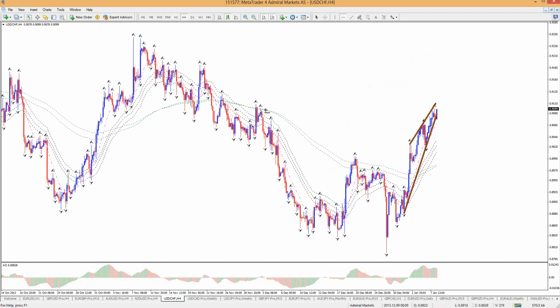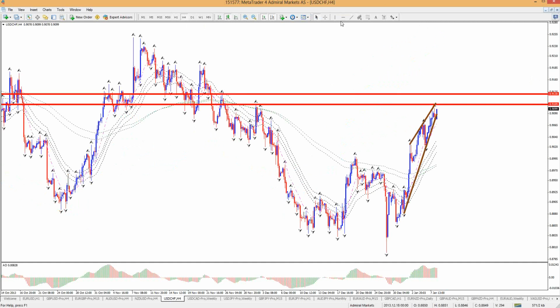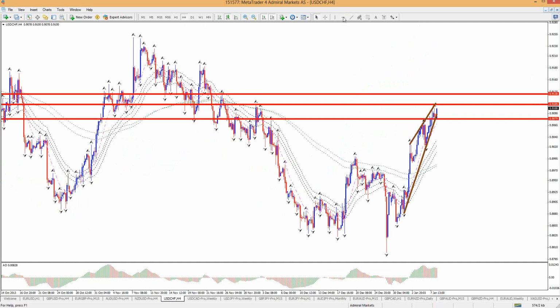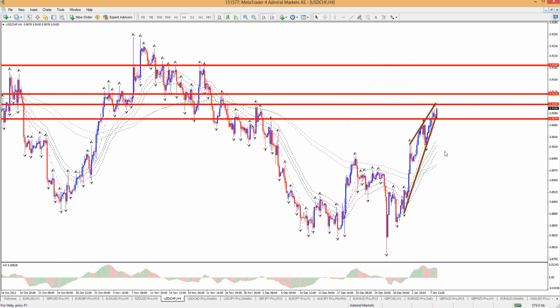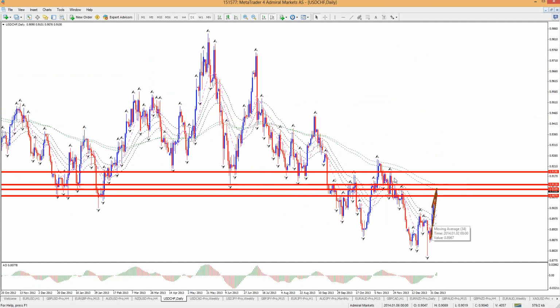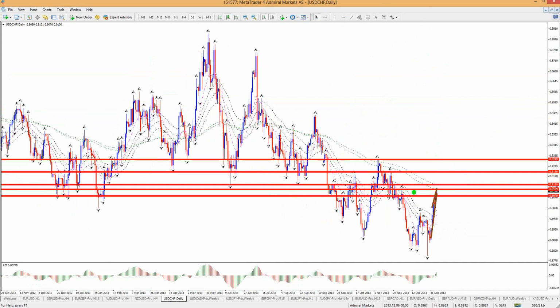We're also pretty close to this resistance level. In fact, there's a lot of resistance potential here, in this zone and higher as well. So I wouldn't be surprised to maybe see a hook back before we might continue up. That also will depend, I guess, on the FOMC, but there's a lot of potential resistance here.